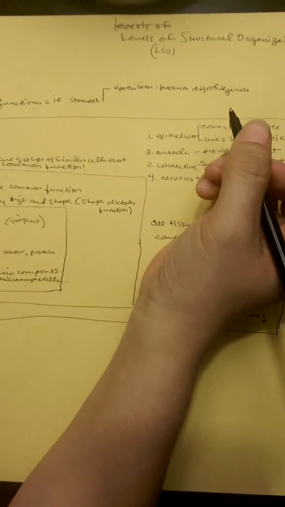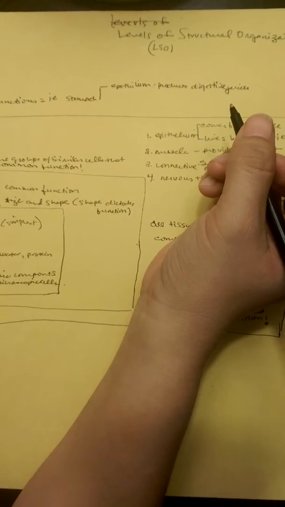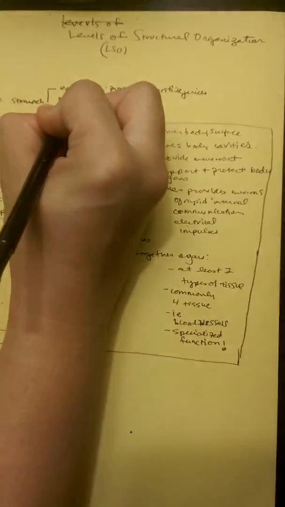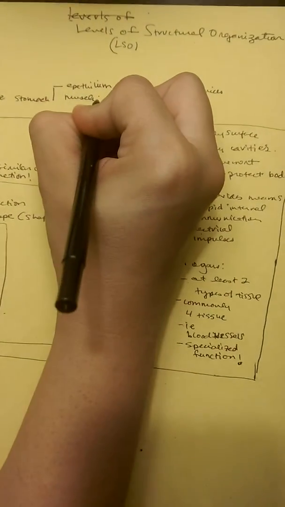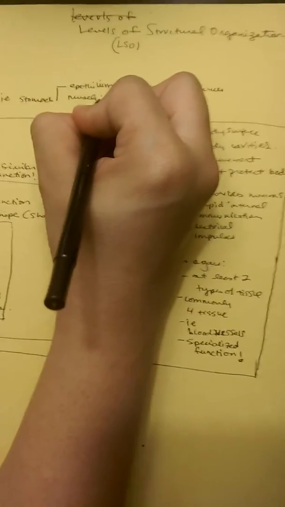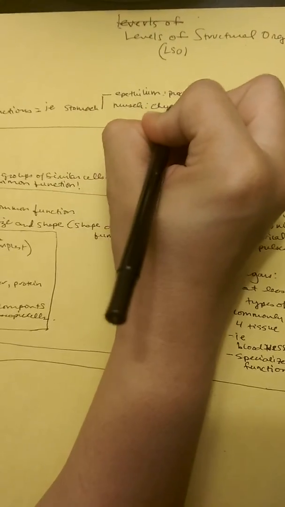And then you have muscle tissue that churns and mixes the content.